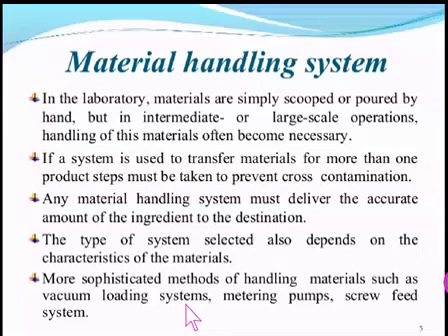More sophisticated methods of handling materials include vacuum loading systems, metering pumps, and screw fed systems. These are the different systems available, but one should think about the cost of the operation. It depends on what kind of material we need to handle.